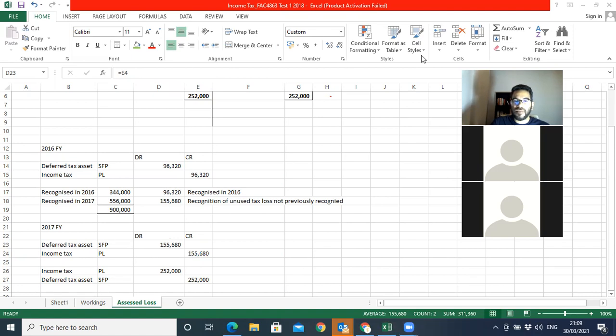So what I took out of this lesson was, basically, the assessed loss was an issue for me because I attempted a previous question where there was an assessed loss and I didn't exactly go into this detail. So the assessed loss is what I picked up, and the smaller things of how to handle it when you take an item at 100% and 28%.